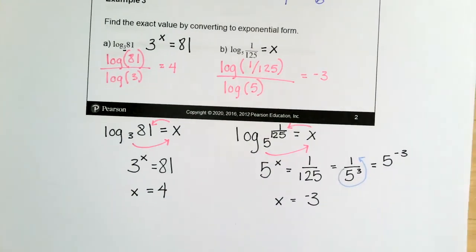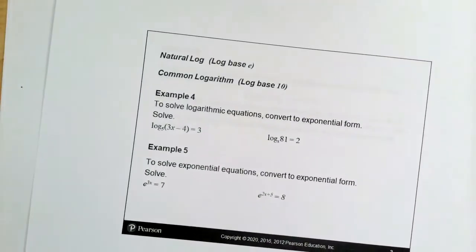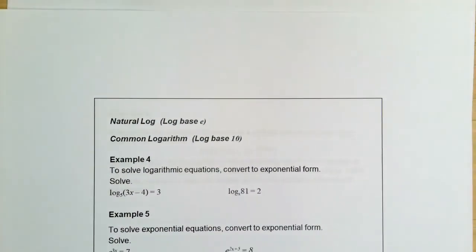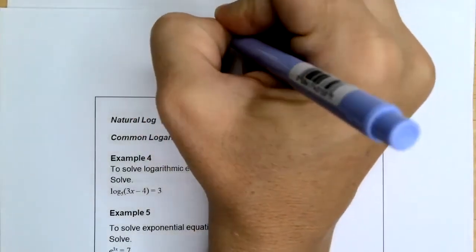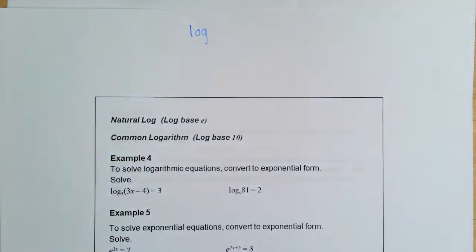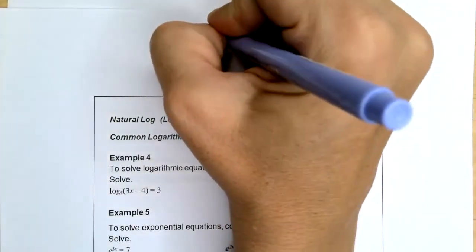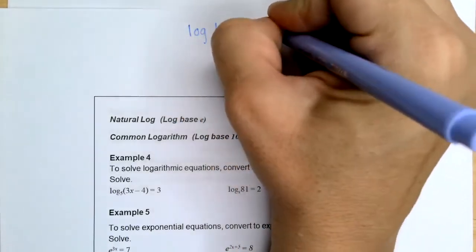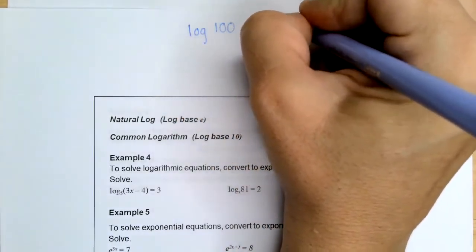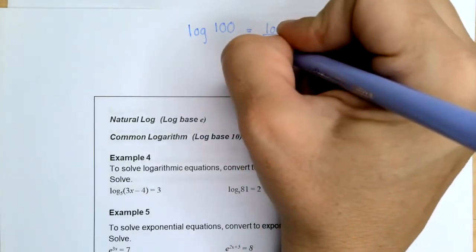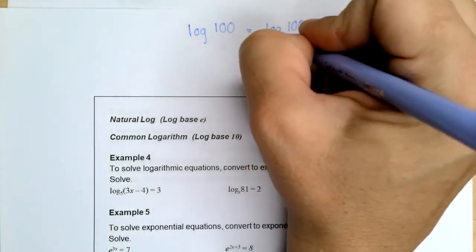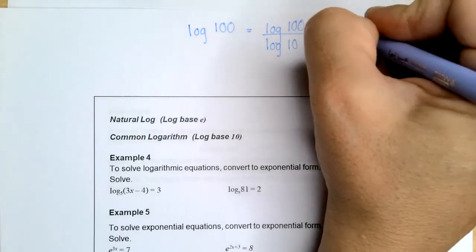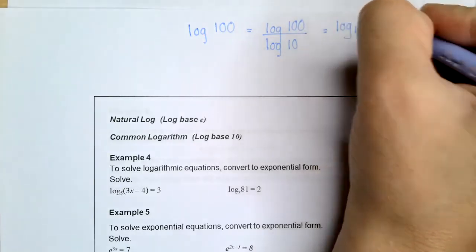All right. Now on your calculator, you have the log button, which we discussed has an understood base 10, right? So if I just said log of 100, that is the same as saying a log of 100 divided by the log of 10, or log base 10 of 100.